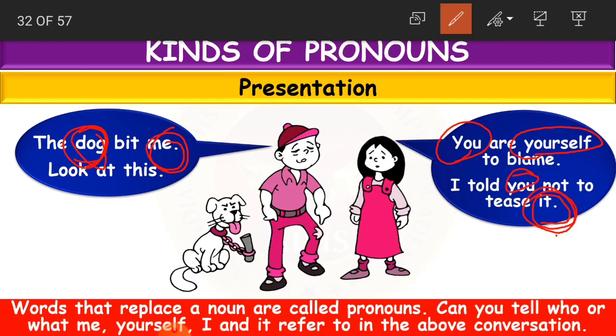Even yourself also refers to the boy. I is for the girl. I represents the girl. Yes or no? Me is what? Again the boy. The boy, the girl, dog, all these are nouns. And you, yourself, I, me, it, all these are pronouns.